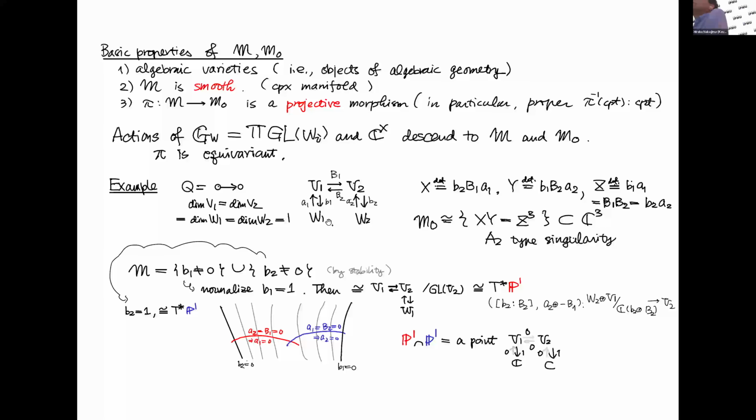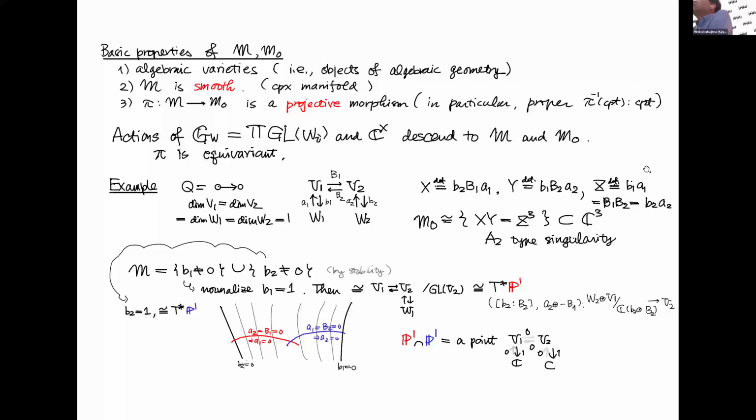So I always consider this map from W1 to W1, but this is equal to all other maps. So these are not independent variables, and if you multiply X times Y, then you just get B1 and A1 and large B1 and large B2 and small B2 and A2.